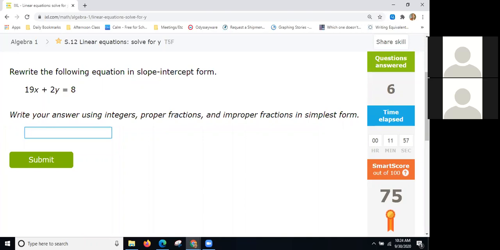They were whole numbers. We could graph them easily. If I were trying to graph this one and I tried to find the intercepts, I would have things like 8/19 and 4. Well, 8/19 would be really ugly to try to graph because it's not a slope. It would be a point.